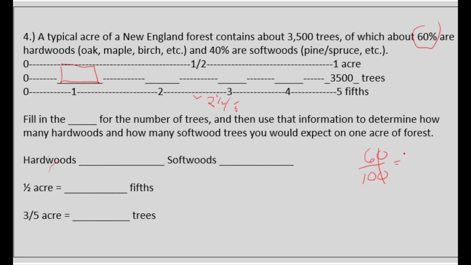And then you have 6/10. And you can divide the top by 2 and the bottom by 2, and you get 3/5. So I don't expect you to know that. It's sort of a preview of fractions, right? So 3/5 are hardwoods. That leaves 2/5 for softwoods. So from there, I think you can probably figure it out.